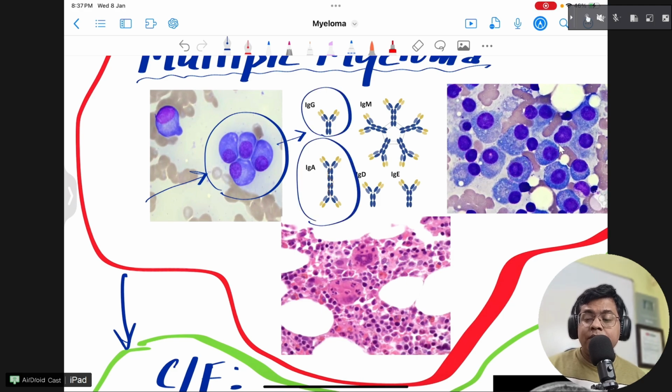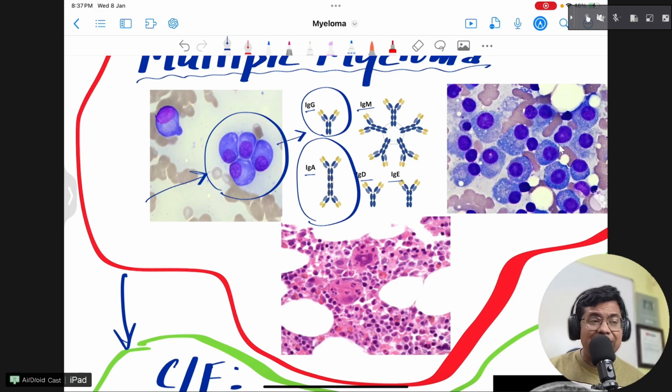As we know, antibodies are basically produced within our body to fight any organism that has entered our body. There are various types of antibody. One is IgG, another one is IgM, then IgA, IgD, and IgE.